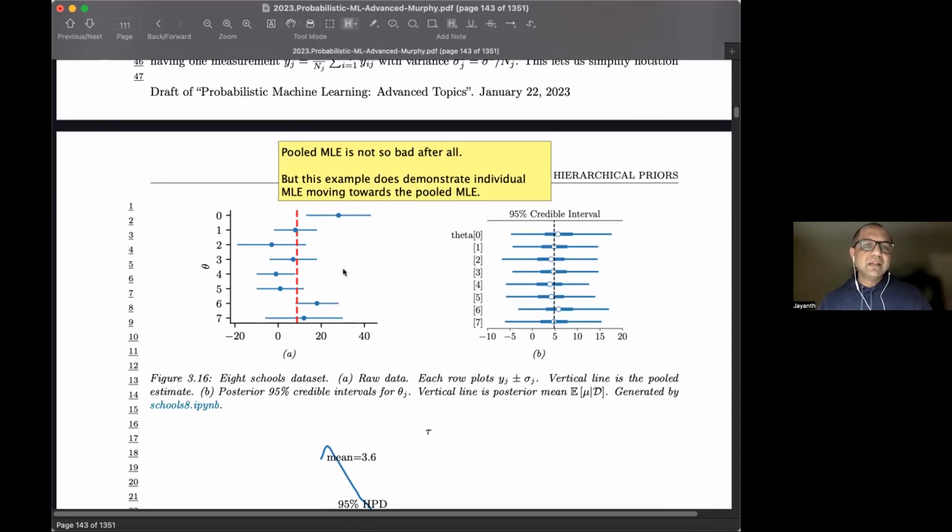The dashed line is the pooled MLE, and you can see that each of these individual groups is drawn in towards the pooled MLE. One thing here, though, is that because they all end up coming so close to the pooled MLE, you might as well have used the MLE. I don't know if there's much difference between these. It kind of is counter to that, but you do see the fact that they are pulled towards it in here.